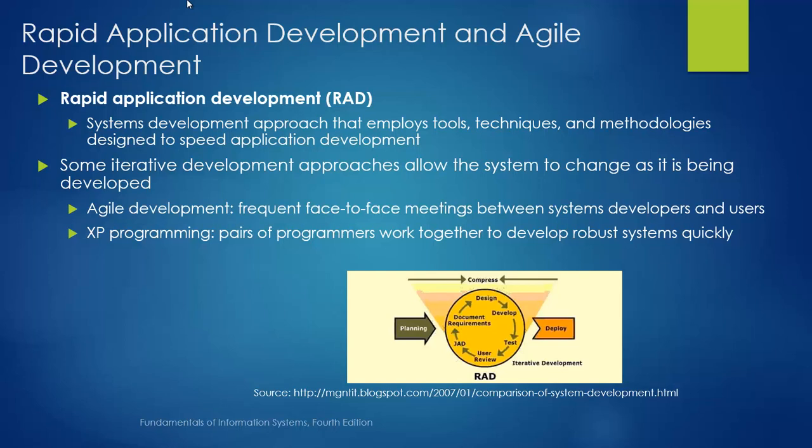The rapid application development, which is called RAD, is a systems development approach that employs tools, techniques, and methodologies designed to speed application or system development. Rapid application development uses visual interfaces to allow people to drag symbols around the development environment, connect them in specific ways, and create a system with little or no code required.